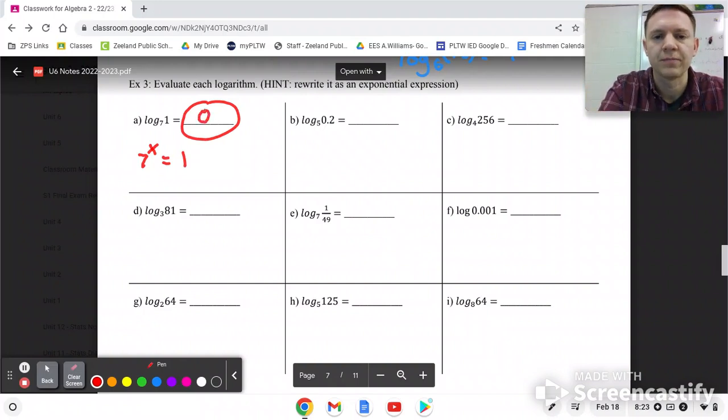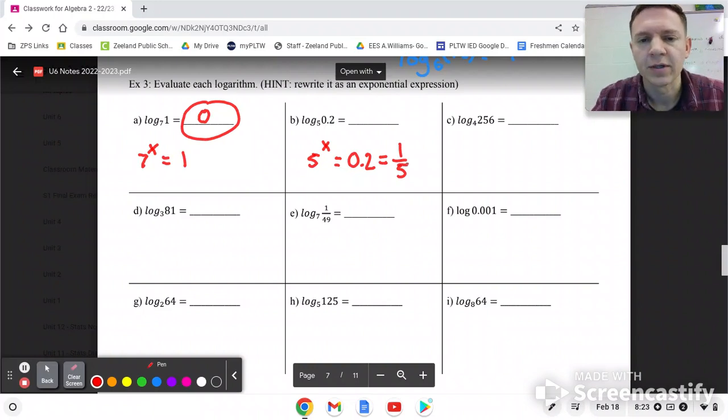Okay, let's look at the next one. 5 raised to something is 0.2. And that's tricky, because what is 0.2 as a fraction? That's 1/5. This is a little bit sneaky putting a decimal in there. Well, 5 raised to the x is 1/5.